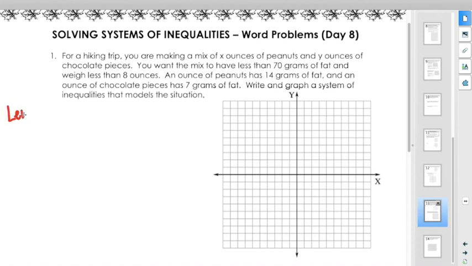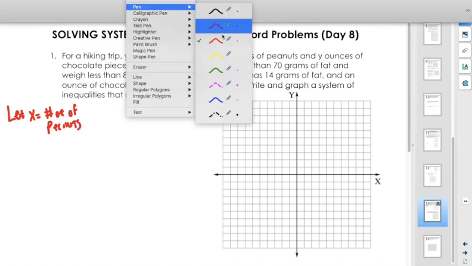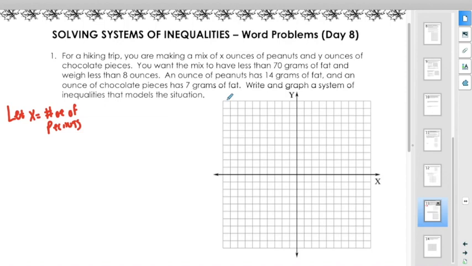So I'm going to let X equal number of ounces of peanuts. And then let Y equal number of ounces of chocolate pieces.